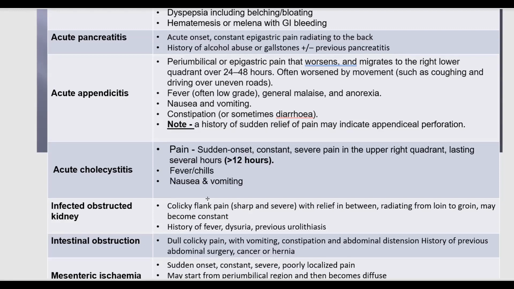If the stone is small, then I will give you some medicine by which it can pass on its own. And if it's not small, then I will refer you to urology.